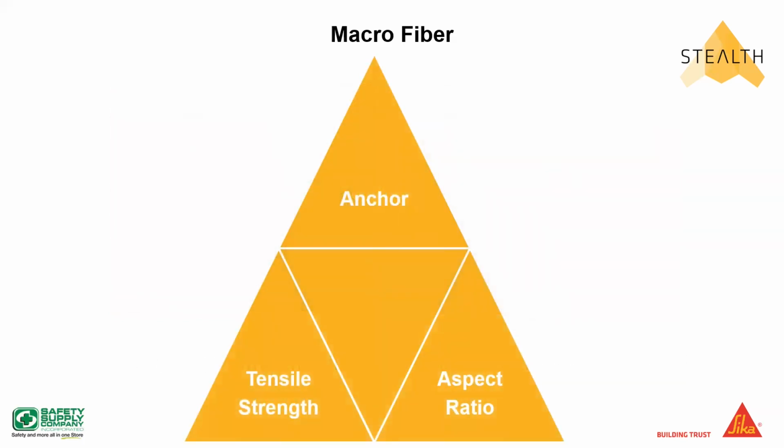When it comes to macro fiber, we basically look at three things. We're looking at the anchor strength, meaning how they anchor in the concrete; the tensile strength, meaning how much strength it takes to pull one apart; and the aspect ratio, which I'm going to share with you in just a minute. Aspect ratio is a common term in the fiber market, meaning the length over diameter.